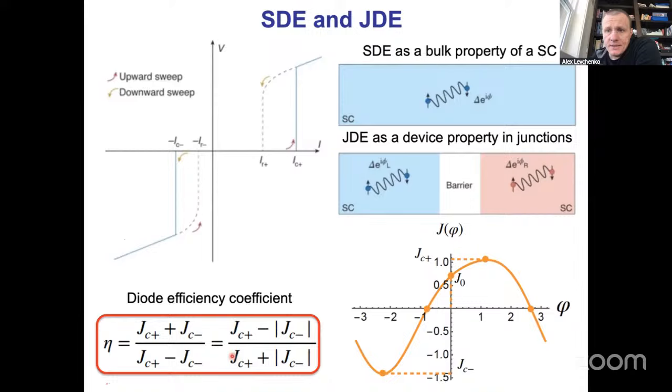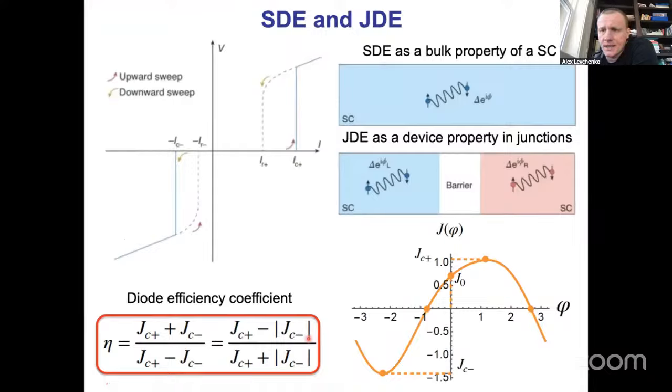The quantity of interest that signifies the strength of this effect is the so-called diode efficiency coefficient, which is the difference of the critical currents divided by their sum. Meaning that it would take the current in one direction minus the absolute value of the current in the other direction, and divided by their sum.